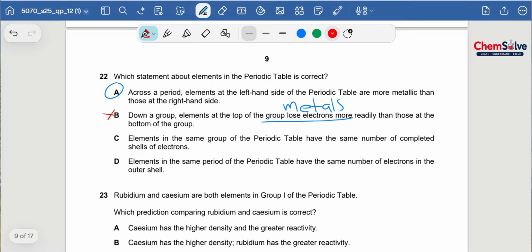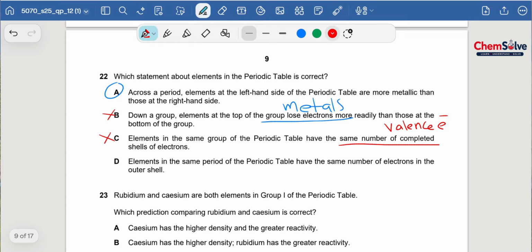Elements in the same group of the periodic table have the same number of completed shells of electrons. No. Elements in the same group of the periodic table have the same number of valence electrons, not the completed shells of electrons. So this option is incorrect.